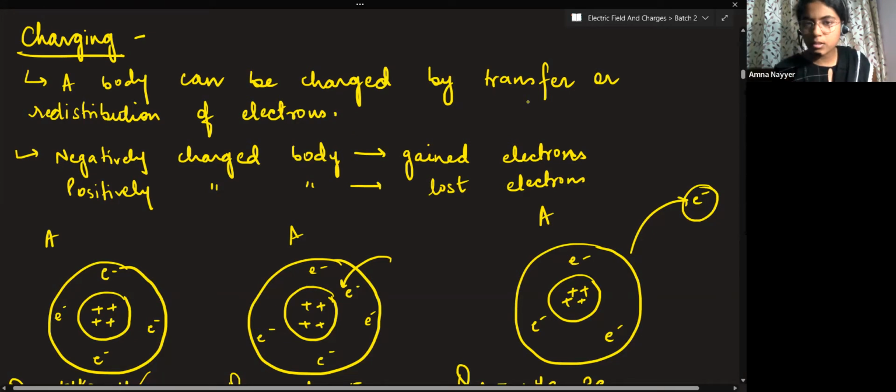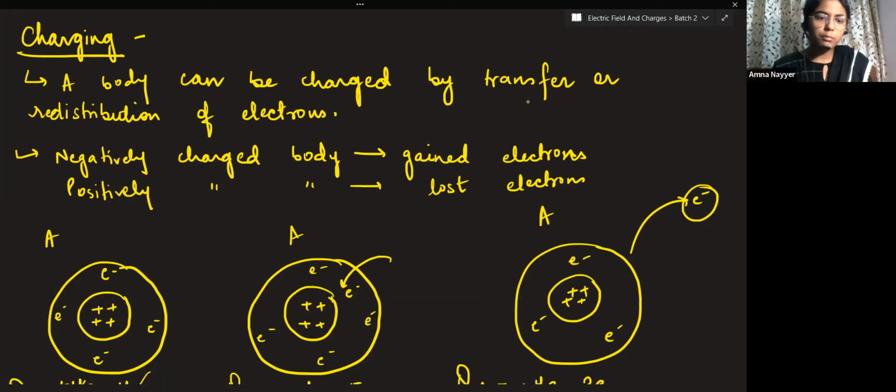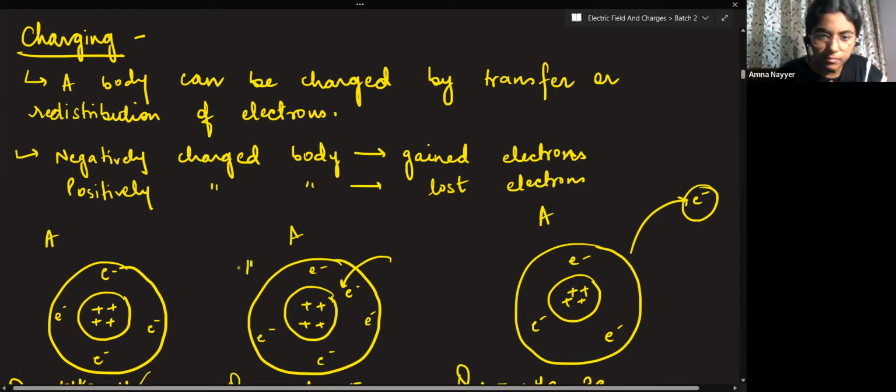So tell me, if a body is having excess electrons, if I say Ma is the mass of this and Ma dash is the mass of this, which one is greater? Ma is greater, Ma dash is greater, or both are equal?